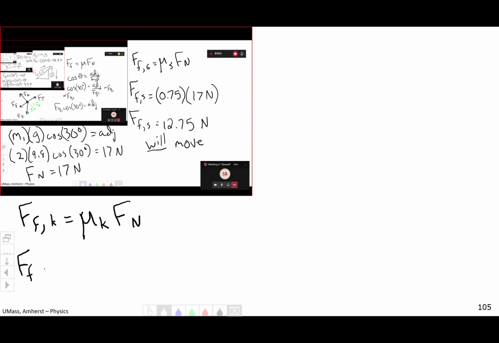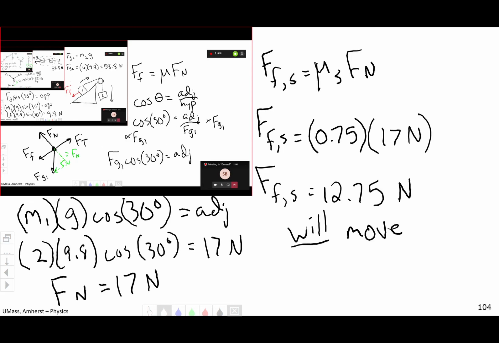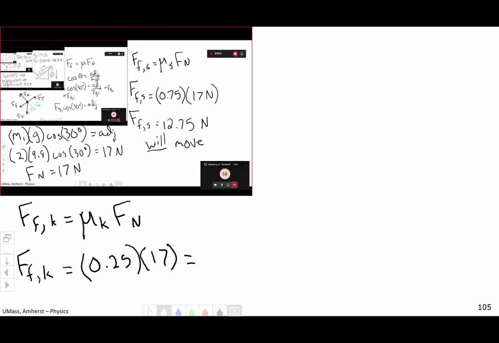So the force of friction kinetic is going to be our mu k, which was 0.25, times our force normal of 17 newtons, equaling, it is 0.25, right? And I don't want to mess it up. Yes, it is. All right, which gives us 4.25 newtons.